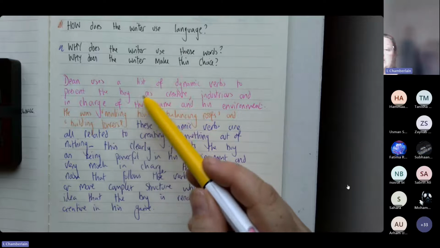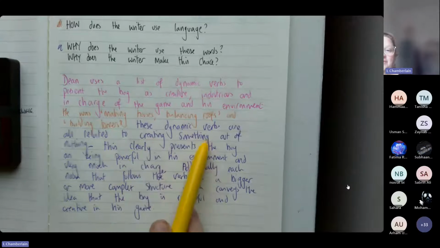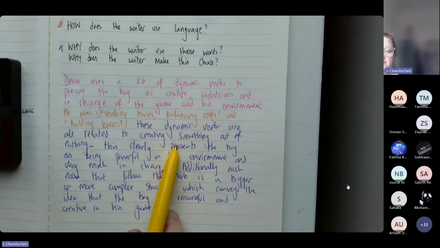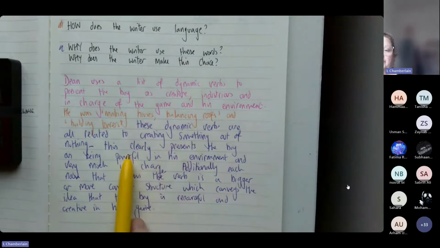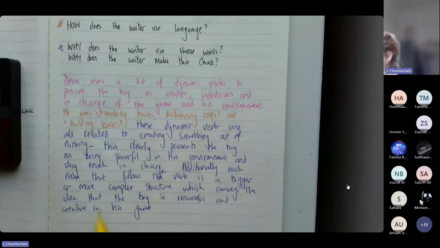Now, if I just did these two things, I'm going to find myself getting a level 2 mark because I haven't explored the significance of the key words. But here, when I say these dynamic verbs are all related to creating something out of nothing, I'm moving up. This clearly presents the boy as being powerful in his environment. This would be counting as a perceptive idea, and very much in charge, kind of doubling down on that perception now.